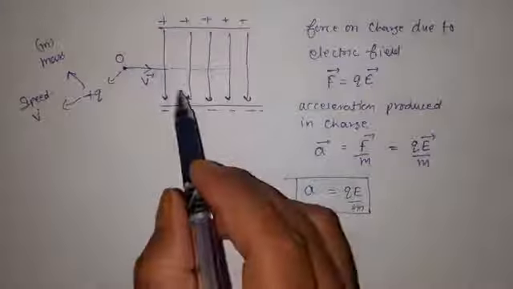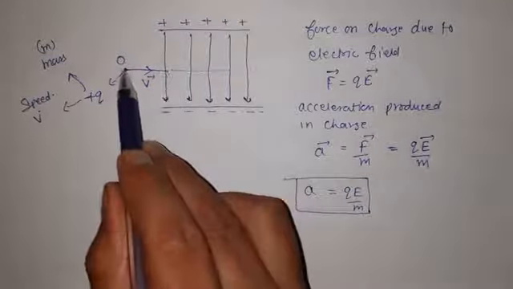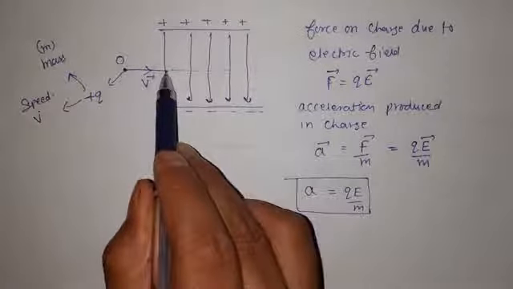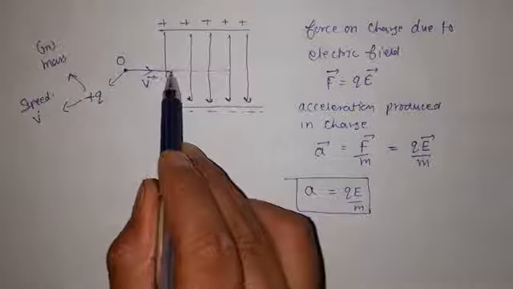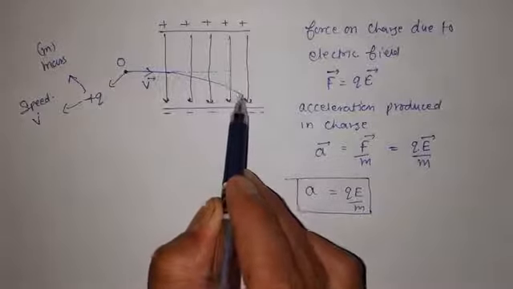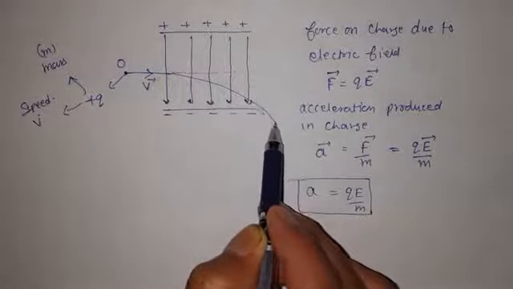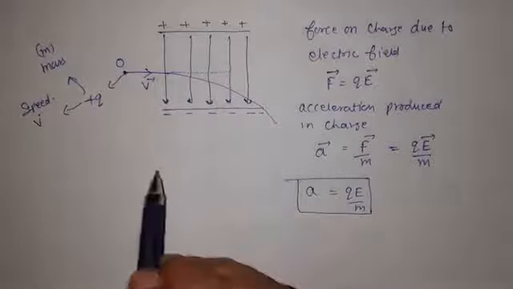Now let us look at what happens when this charge enters this uniform electric field. As it is a positive charge, the force it experiences will be toward the negative plate. Therefore it will get accelerated toward the negative plate, and in this way it will move in the electric field.